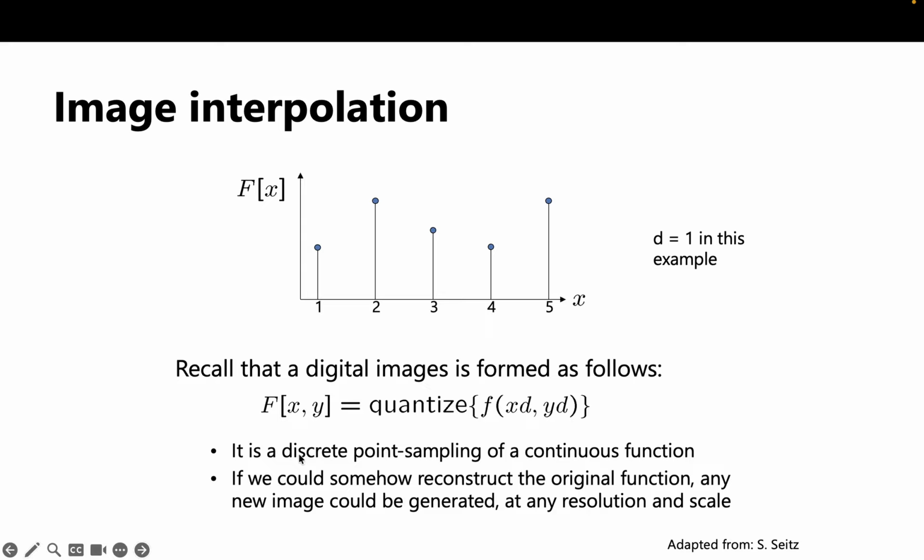An image is actually a discrete point sampling of a continuous function, so you could somehow reconstruct the original function, and a new image could be generated at any resolution and scale. If we draw a line to connect all these points and we want to upsample this image, we want to estimate the new pixels among the neighborhood pixels, for example, from 1 to 2. We can roughly estimate the new pixels from these neighborhood pixels.